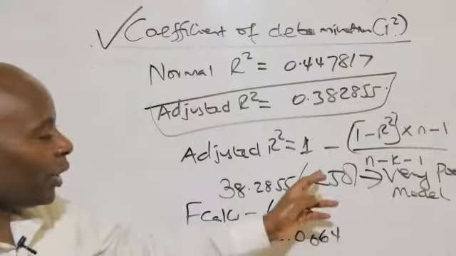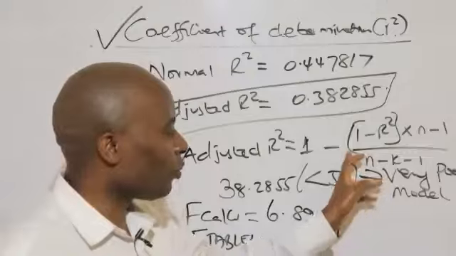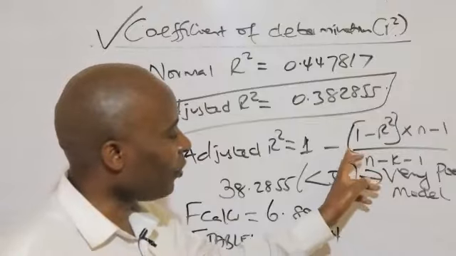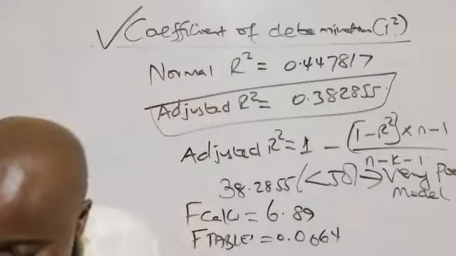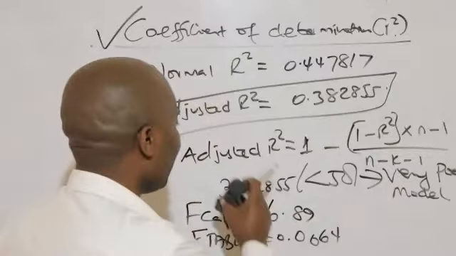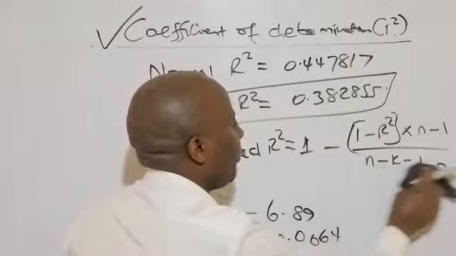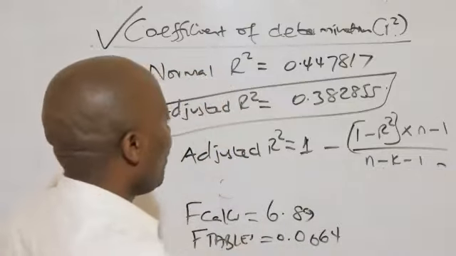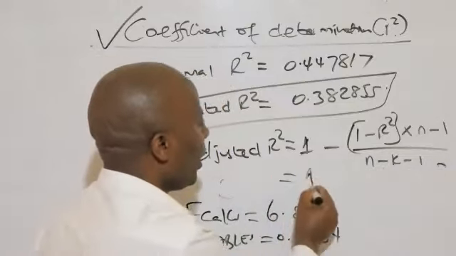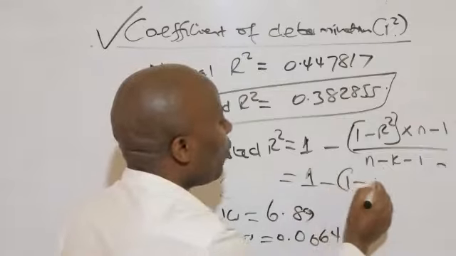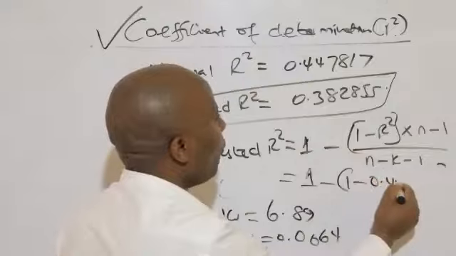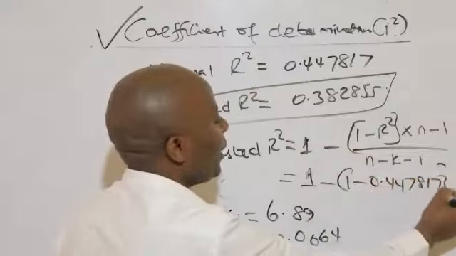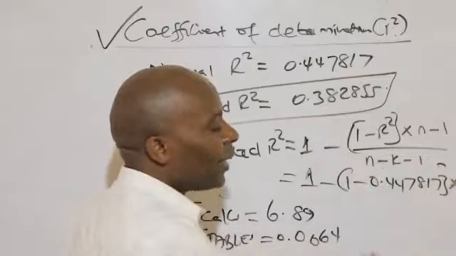And this formula, I would expect you, great students of mine, to try later. You can even do it right now. It doesn't have really anything much. So we have here 1 minus, into brackets, 1 minus the normal R square. The normal R square is 0.447870 multiplied by n minus 1.